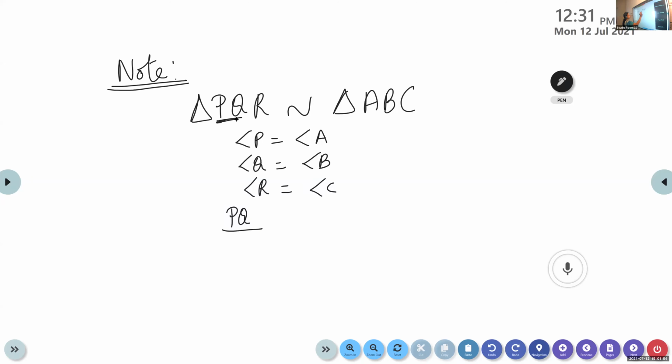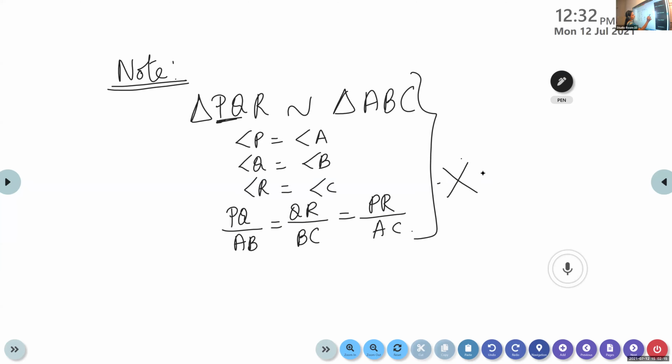PQ by AB is equal to QR by BC is equal to PR by AC. This condition will always be true.